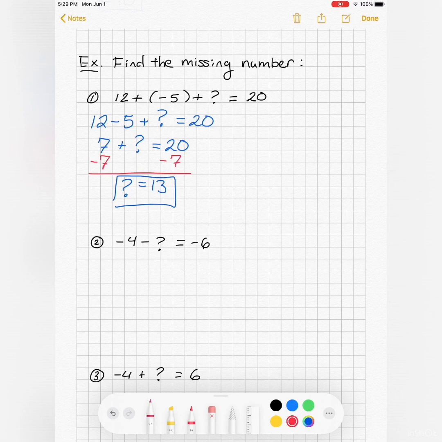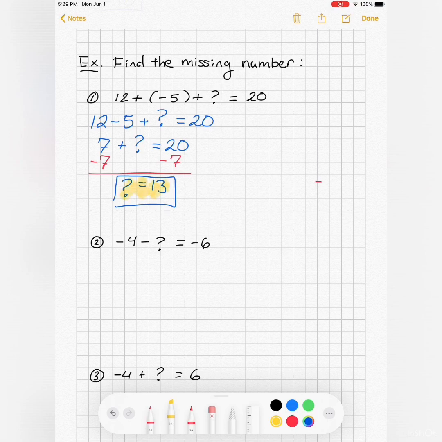Okay, can check that. Let's see, negative 12 minus 5 plus 13 is, let's see, negative, where did I get a negative? Let me double check how I'm checking this. So this is why we check, because sometimes things don't make sense.